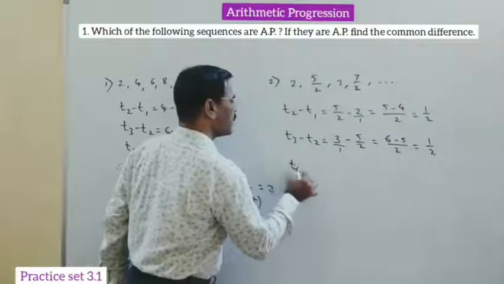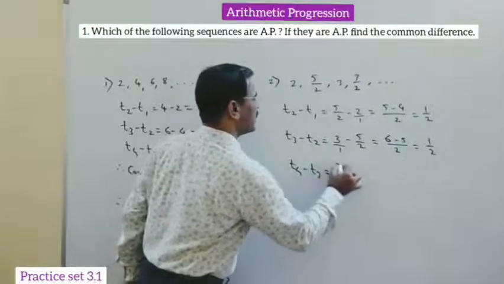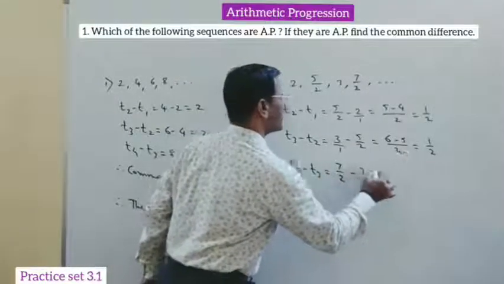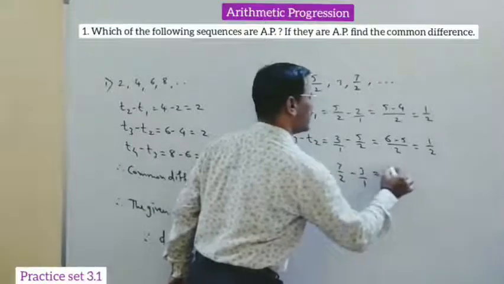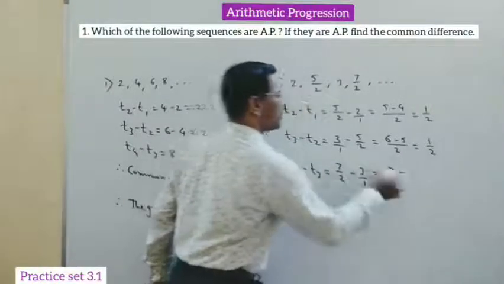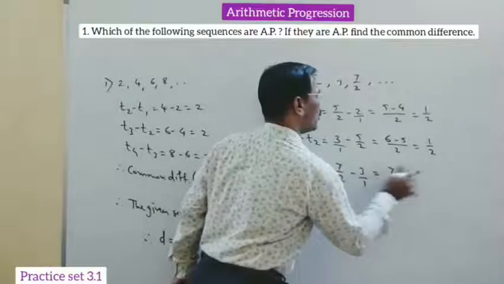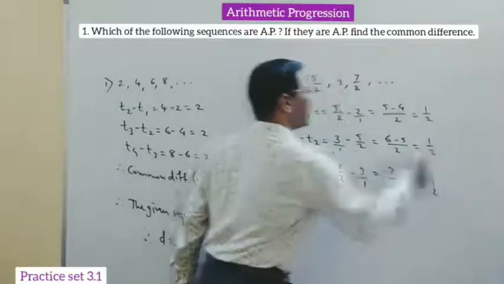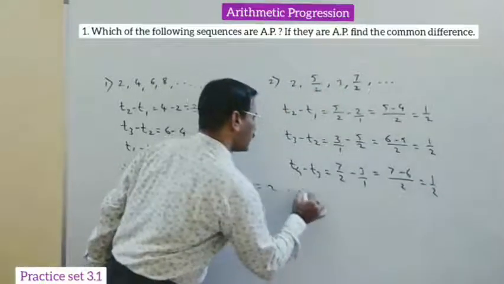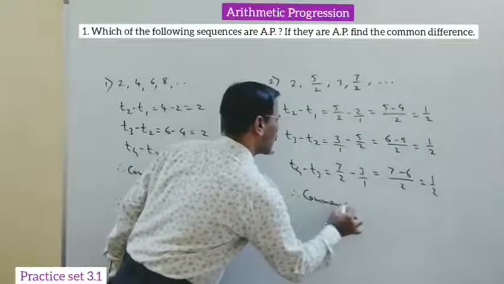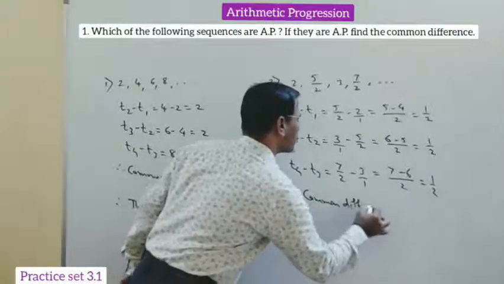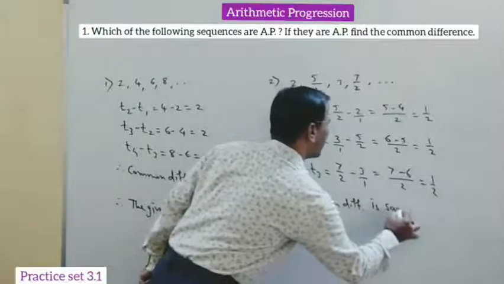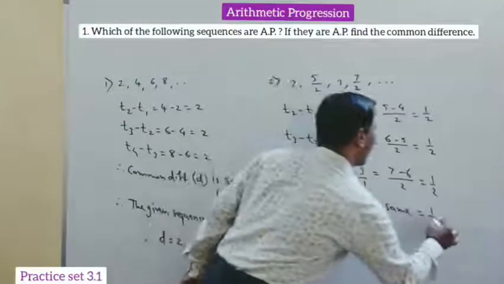Now the next one, T4 minus T3, that is 7 by 2 minus 3. So here upon 1, 7 minus 2 threes are 6, upon 2. Look here, every time we get half. What can you write? Therefore, the common difference is the same. That is nothing but half.